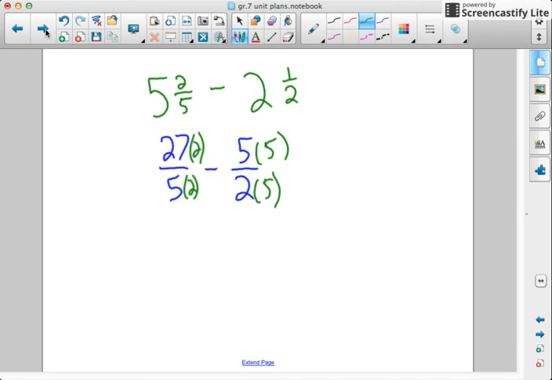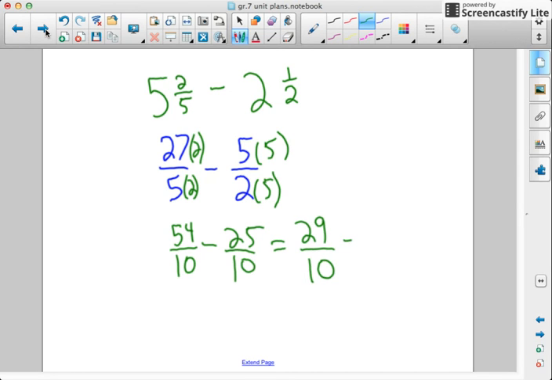So I would get 54 tenths minus 25 tenths. That will end up giving me 29 tenths, which is 2 and 9 tenths.